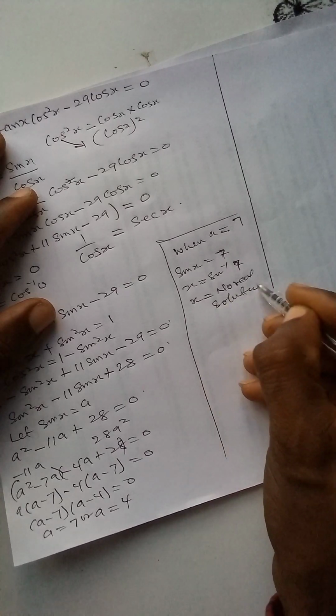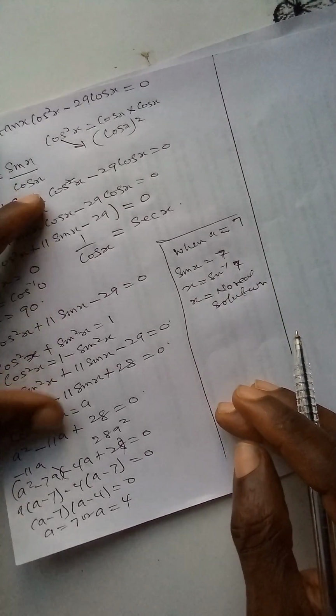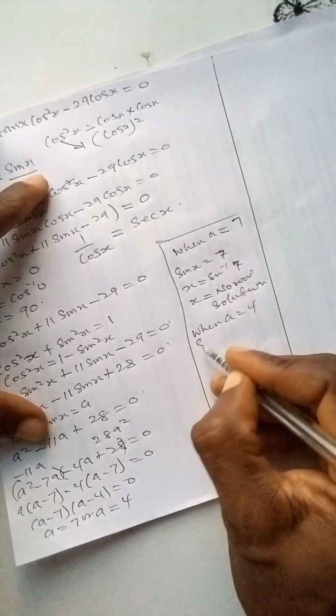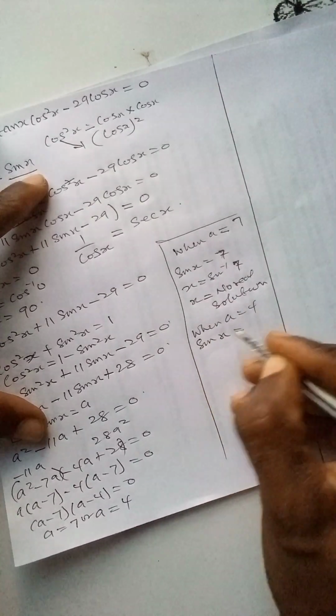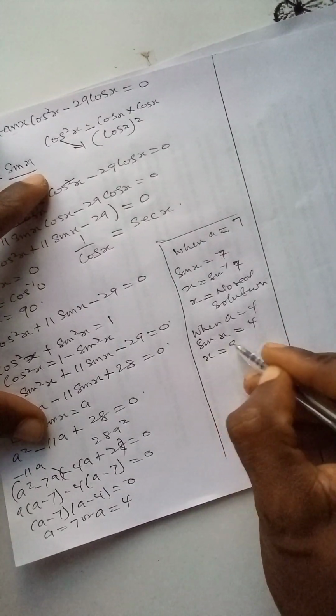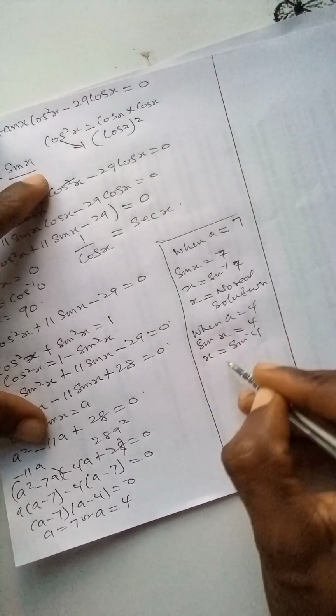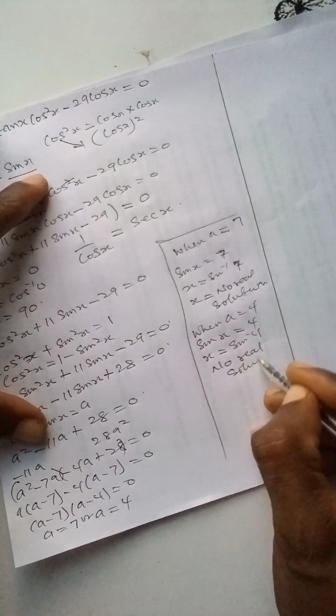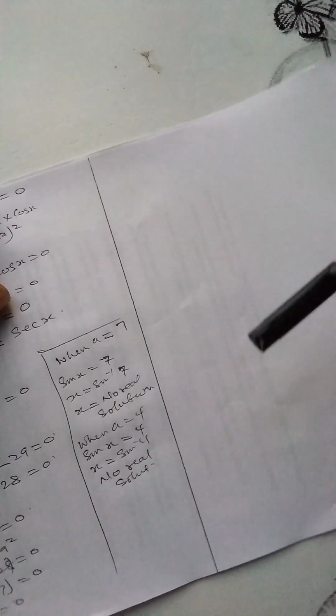If you punch your calculator, you will have math error. The same thing here. When a is 4, sine x equals to 4 rather, and then x equals to sine inverse of 4 also will have no real solution in this case, because when you punch your calculator, you will get a math error.